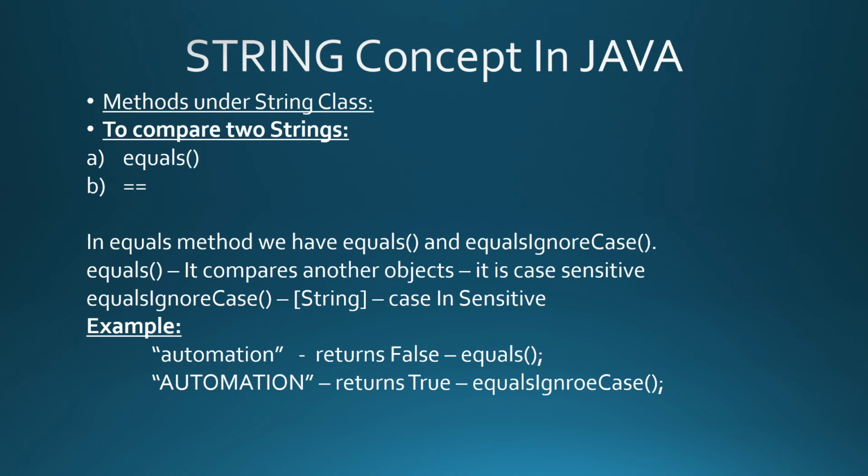For example, there are two strings, the first one is selenium and the second one is also selenium. Both strings are the same case, starting with small alphabetical letters.